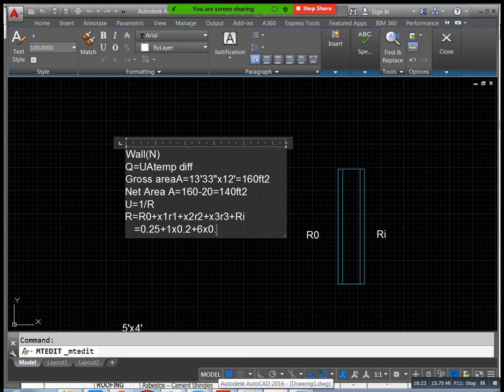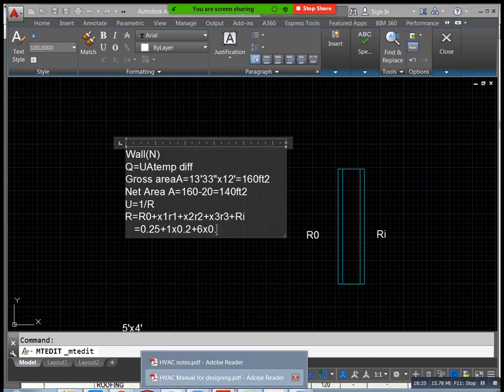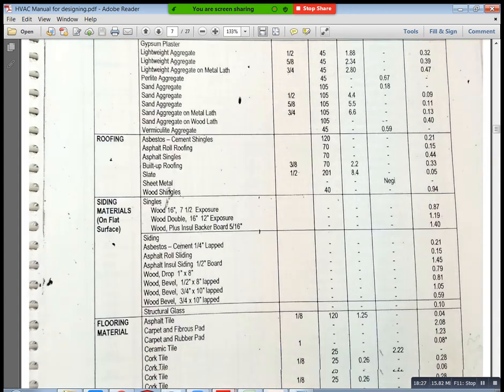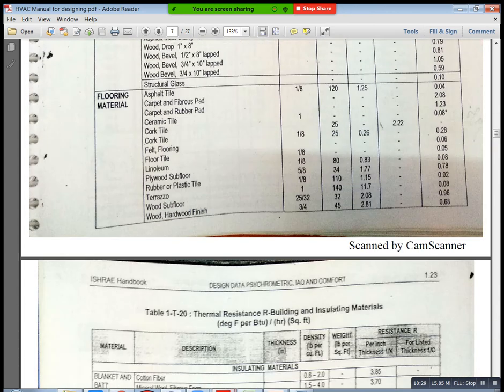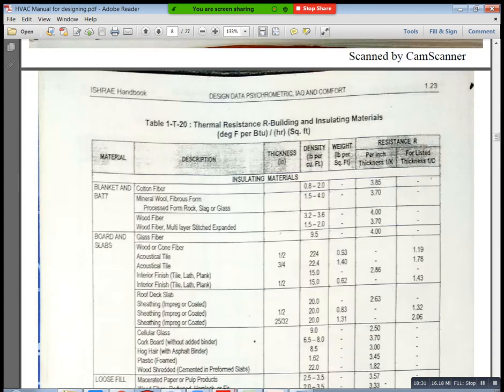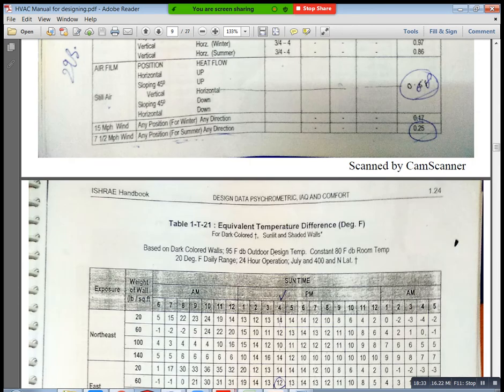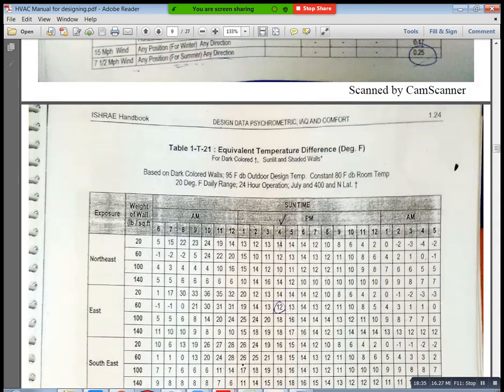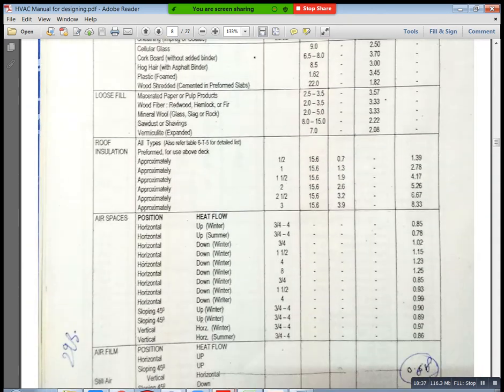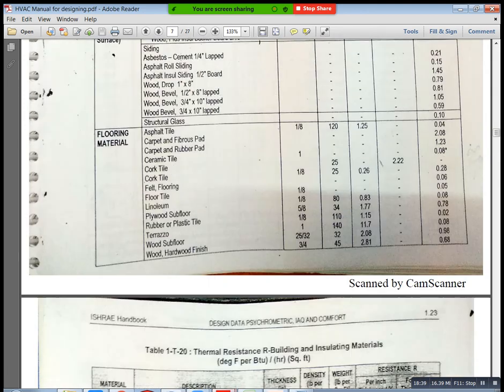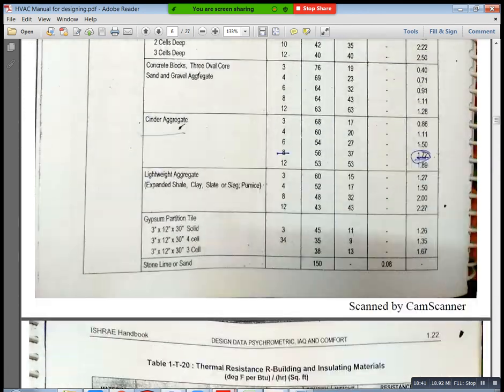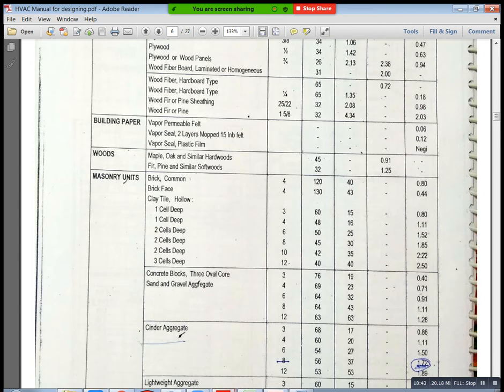See, here we have brick common. In the brick common condition, we don't have a 1 inch value, but here we have thickness 4 inch. How much value is there for brick? 0.8 is there. Okay, 0.8 for 4 inch. Now you can mention 0.8 divided by 4, you are getting 0.2. So for the same brick we also have the same resistance value.